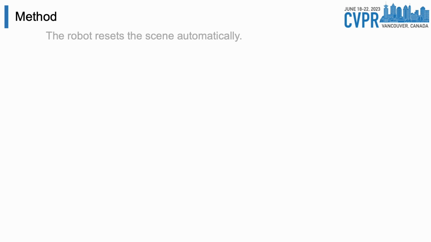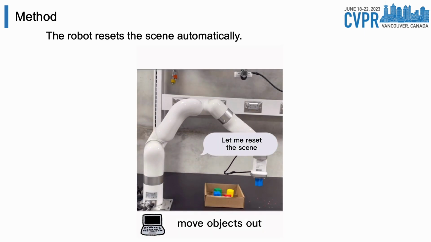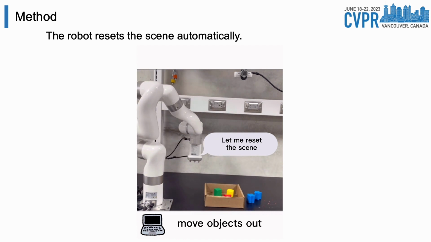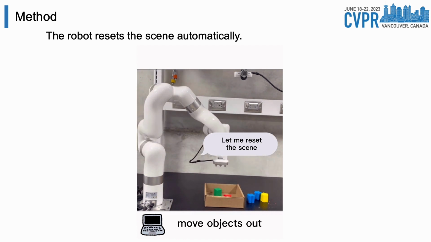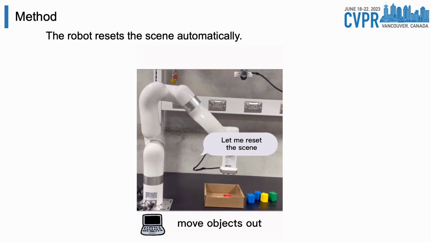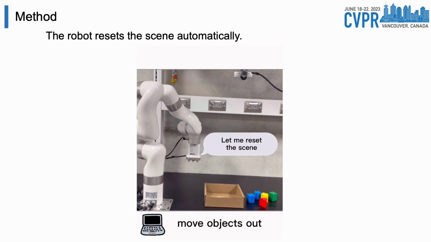After a certain number of language instructions are executed, the robot will reset the scene automatically. It will move the objects out of the container to the table following the instruction move the objects out. In this way, the robot will continue to play and explore the scene in the new tasks or environment.